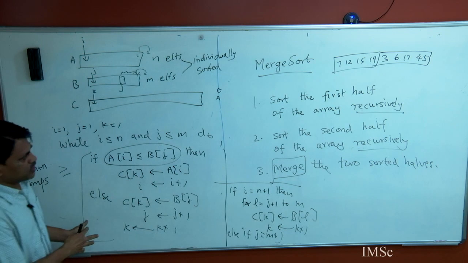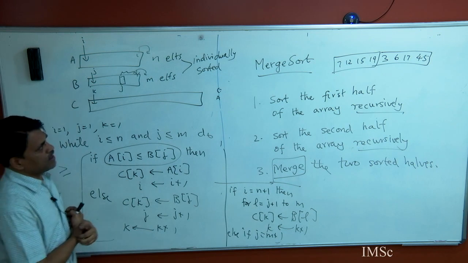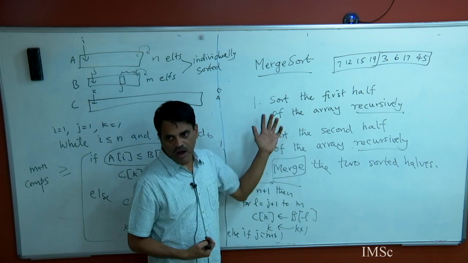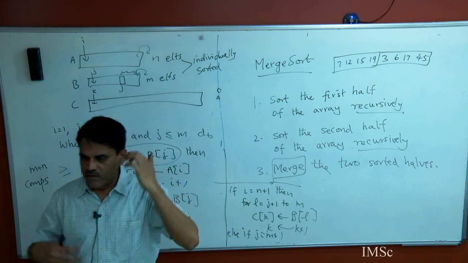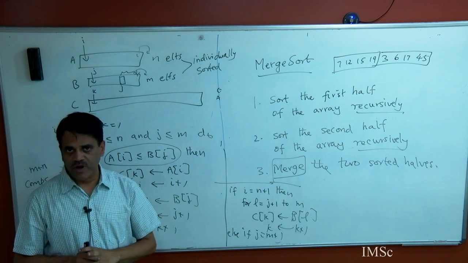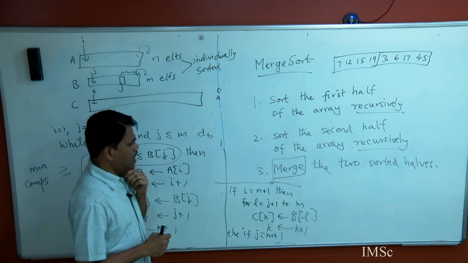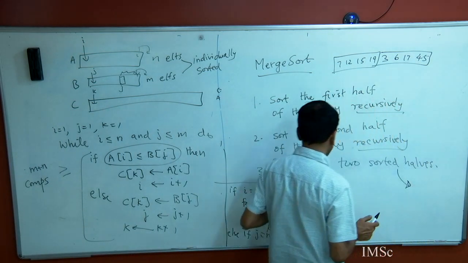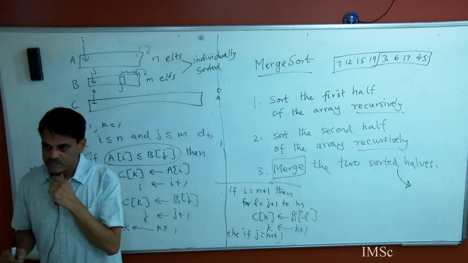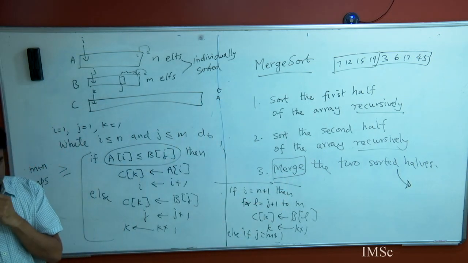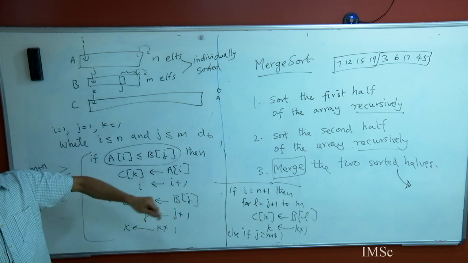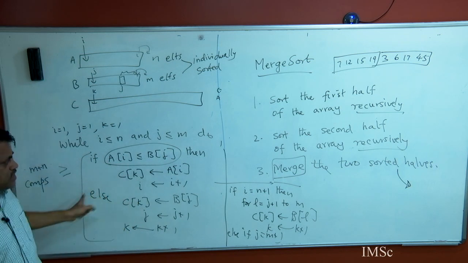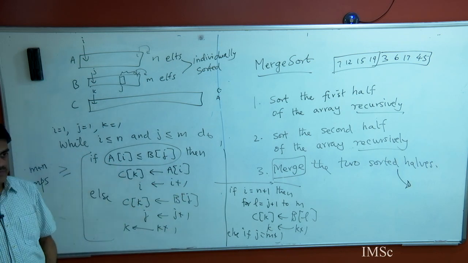So this is the merge routine. Now let's come back to the merge sort and see how to analyze the number of comparisons. How many comparisons are performed in this merge routine? The third step is an external routine, right? So what is m?